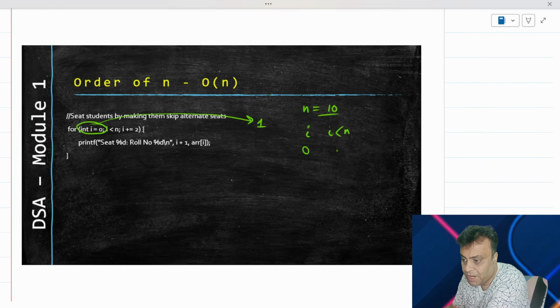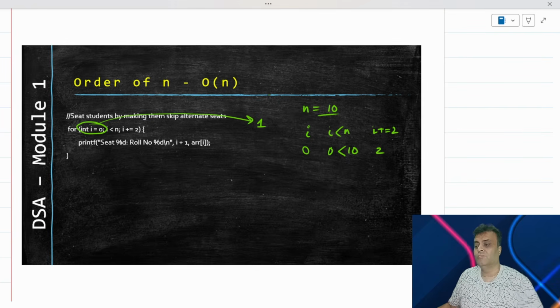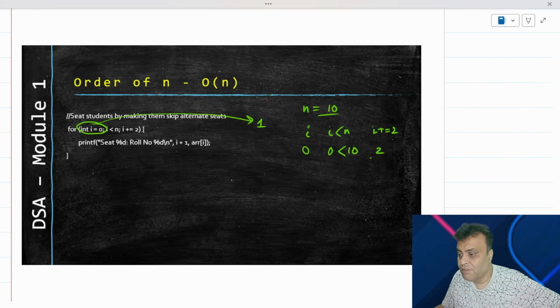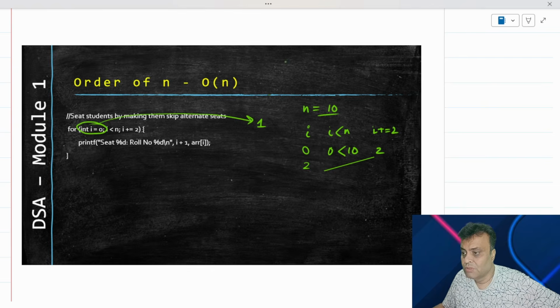That means 0 is compared with 10. This is true. So it will enter and it will do an i plus equal to 2, which means it will become 2. So the value of i with which it will go into the second iteration is going to be 2.